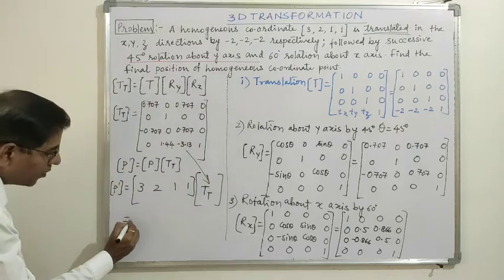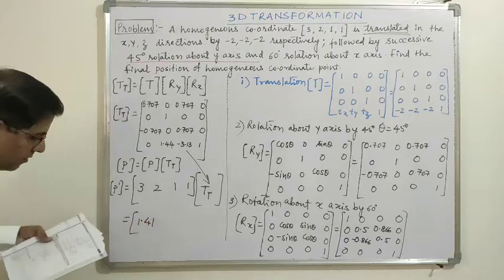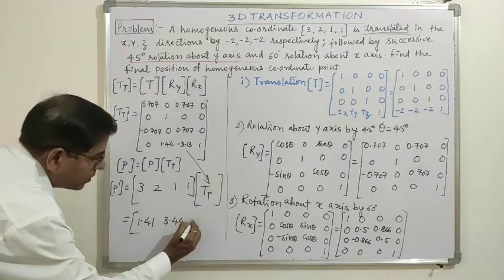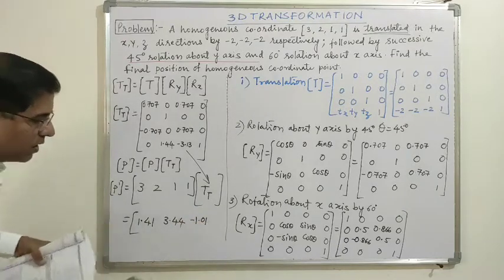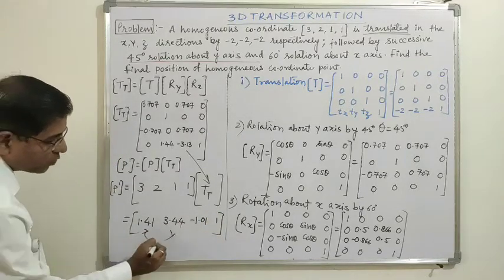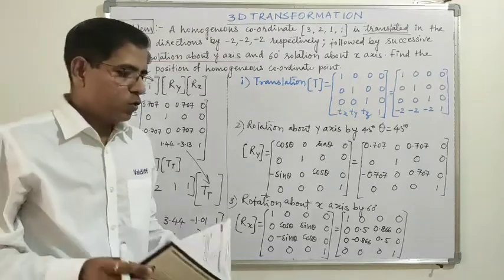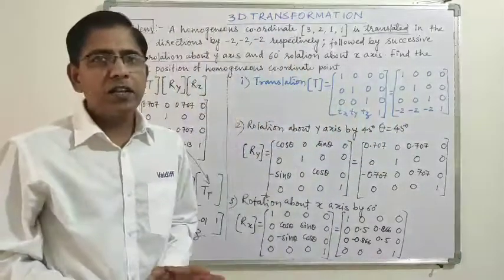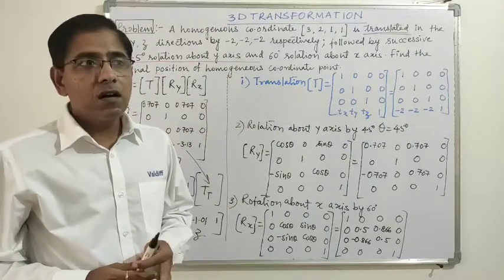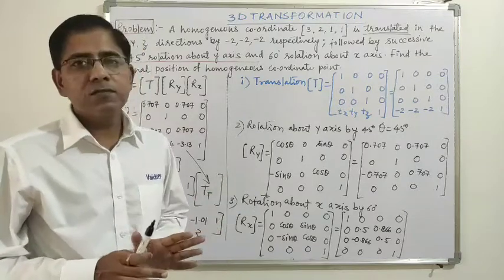So you will get the final position of the point as 1.41, 3.44, minus 1.01 and 1. Okay, so this is x coordinate, this is y coordinate, this is z coordinate, and this is homogeneous factor 1. Okay. So this is how we can use 3D transformations for performing various transformations in 3D. Okay. So hope you understand this. So thank you.